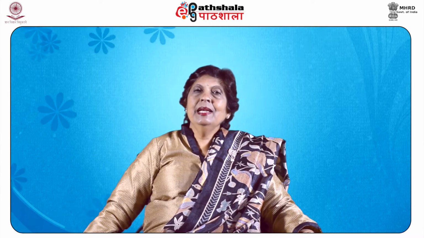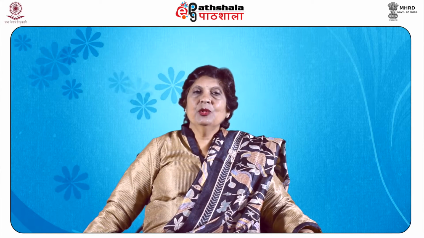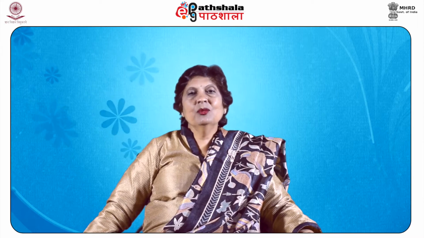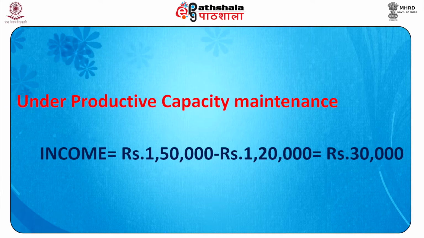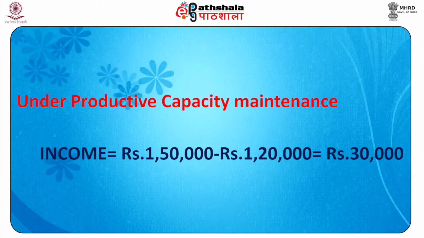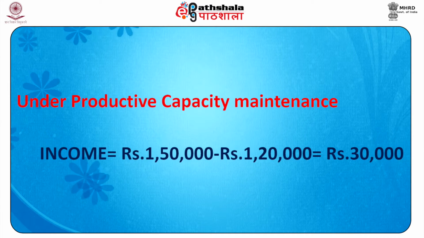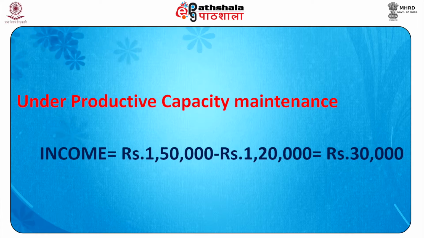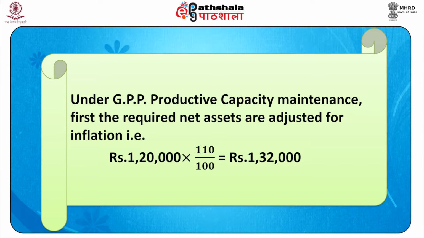That is, income under this method is equal to 1,50,000 minus 1,10,000, which is equal to rupees 40,000. Under productive capacity maintenance, income is equal to rupees 1,50,000 minus rupees 1,20,000, which is equal to rupees 30,000. Under GPP, productive capacity maintenance, first the required net assets are adjusted for inflation.